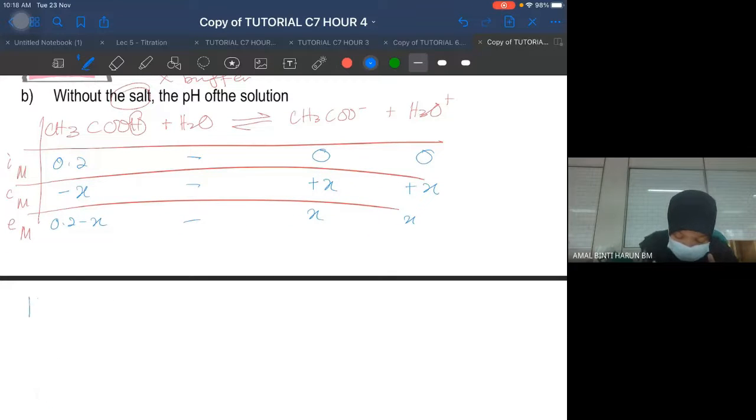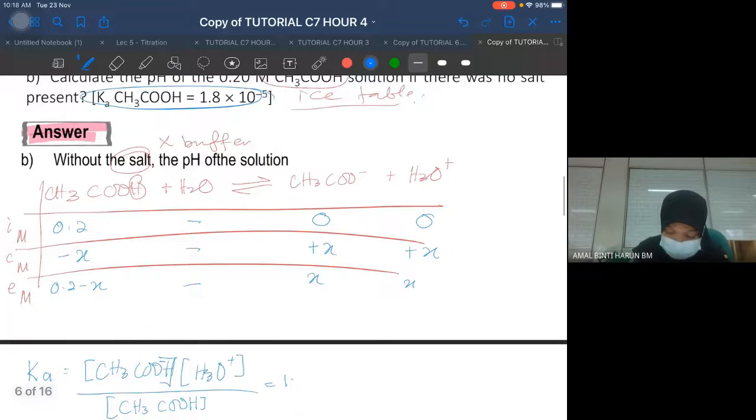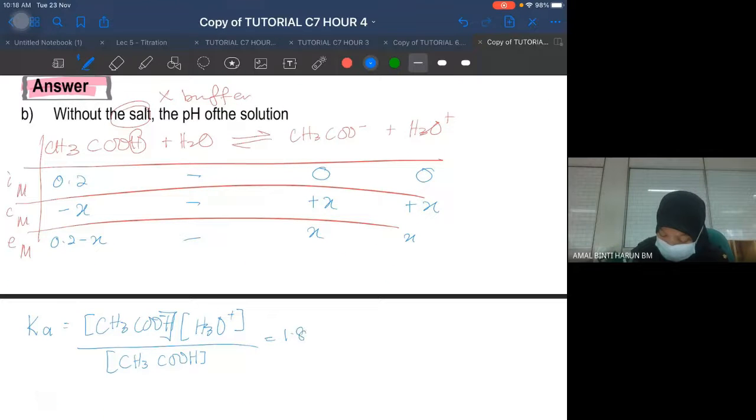So kita tulis dulu Ka expression kita where product over reactant, iaitu 1.8 exponent negatif 5.